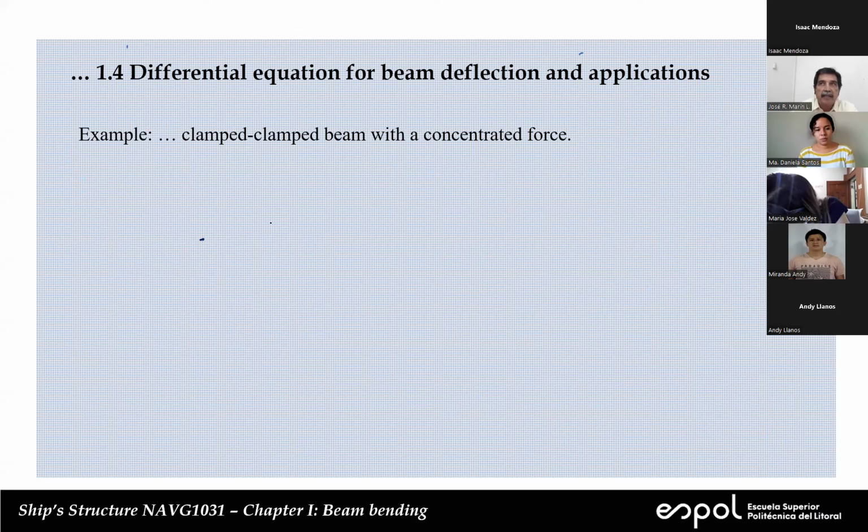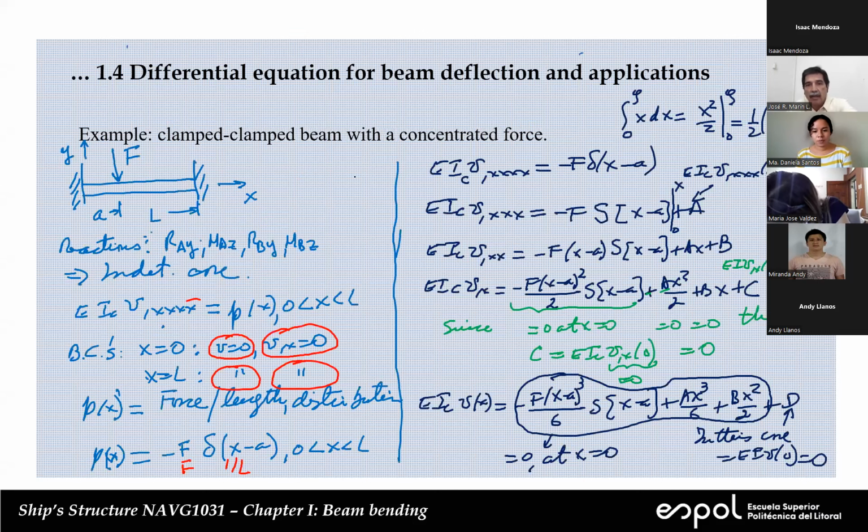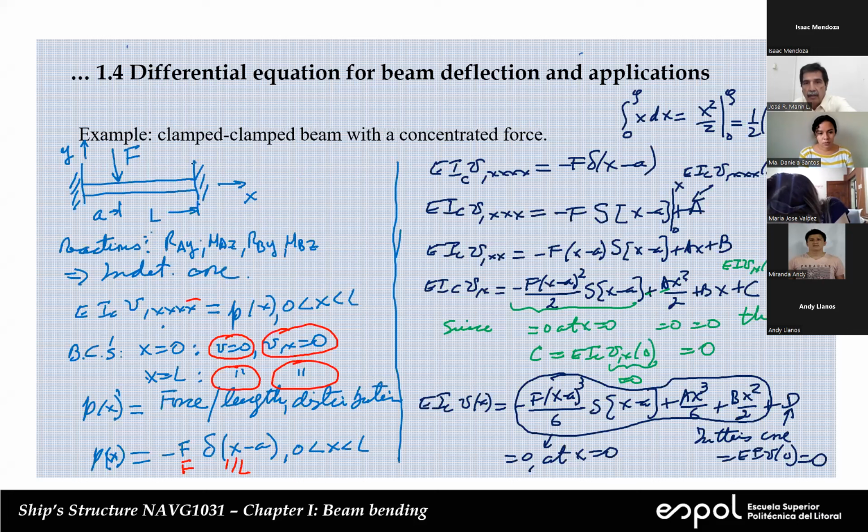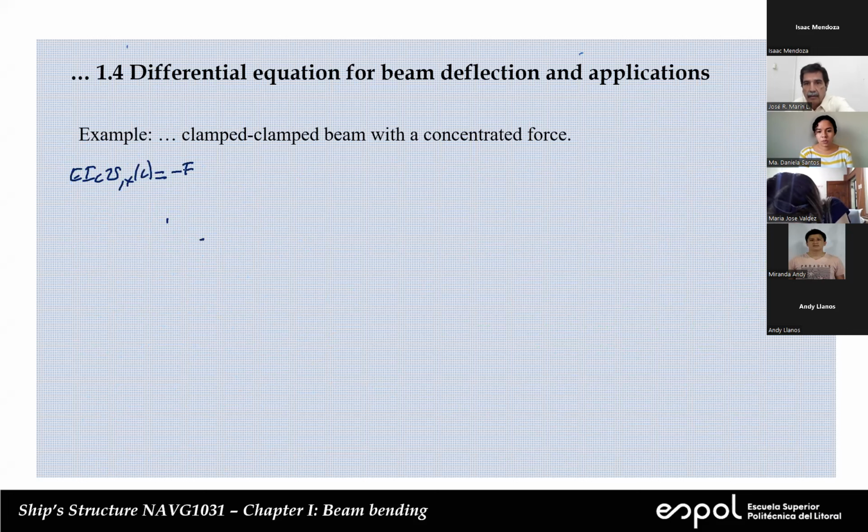So let's find the two boundary conditions. So we said, okay, we have EI_c w''(L) equal to minus F times the step function <x minus a> at L, minus a squared over 2, which is 1, plus A L squared over 2 plus BL, and that has to be equal to 0.